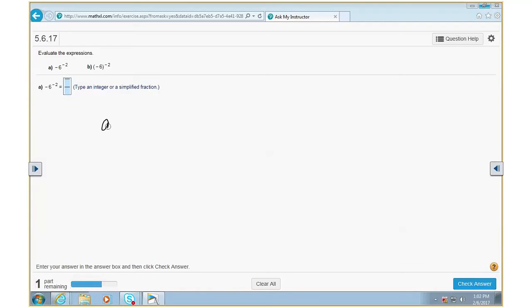A is -6 to the -2. Well, the first thing you need to realize is any whole number is over what? 1. That -2 is not a good thing, so flip it. That's the inverse rule. The inverse rule says if you have a negative exponent, you flip it and it becomes positive.